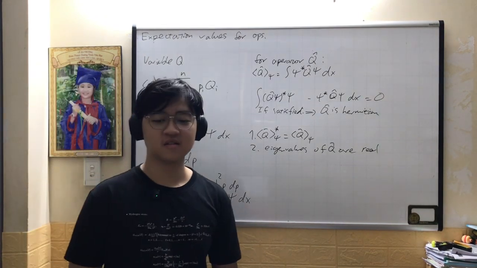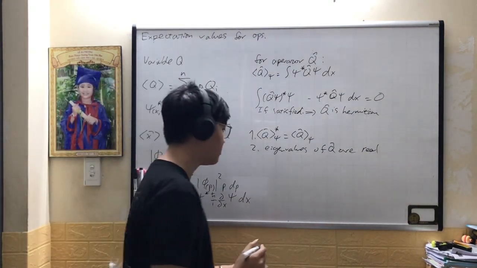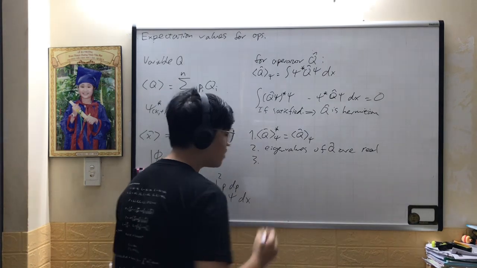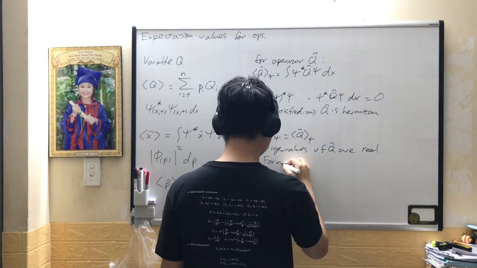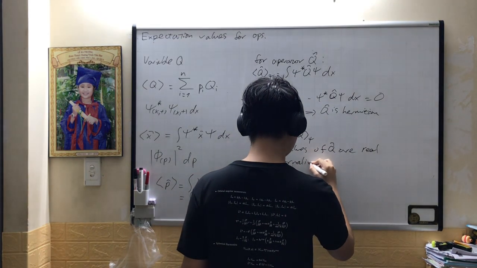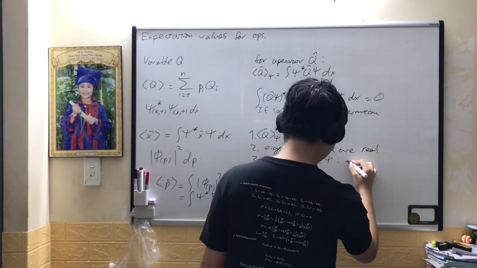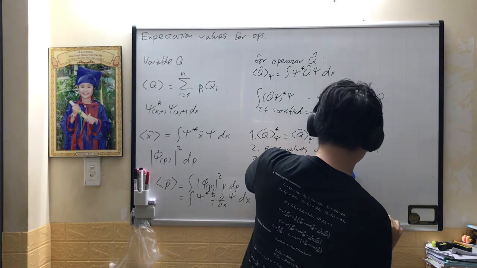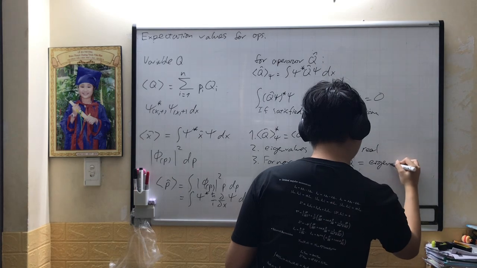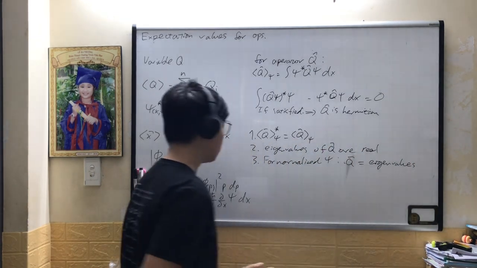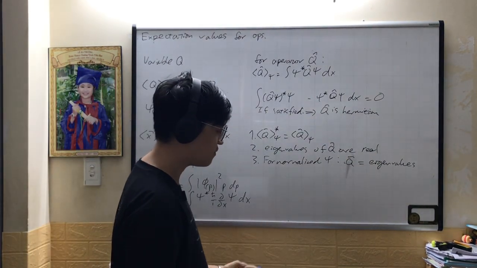So let's take a collection of eigenfunctions and eigenvalues of Q, so it would be easier to see the third one, for normalized psi, the expectation value of Q hat equal to the eigenvalue.